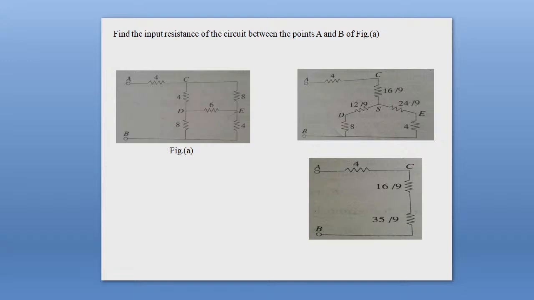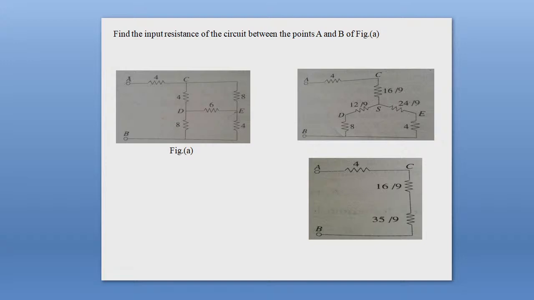The final problem is nothing but the application of delta to star network conversion in order to solve the problem. I will give you many problems regarding this topic, delta to star conversion and star to delta conversion, as a PDF or as an assignment.